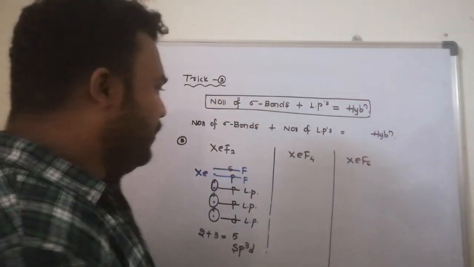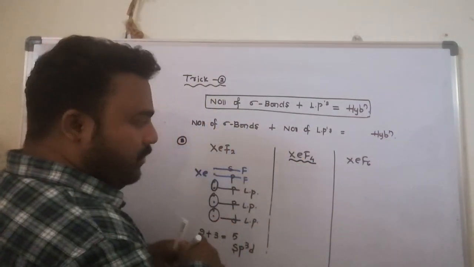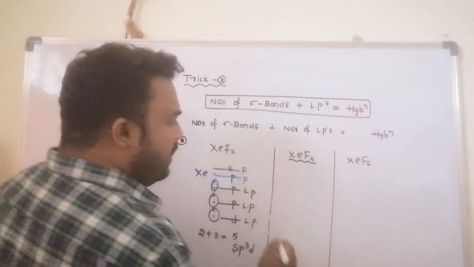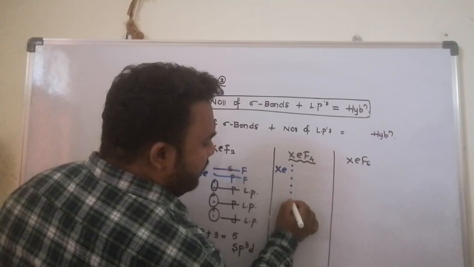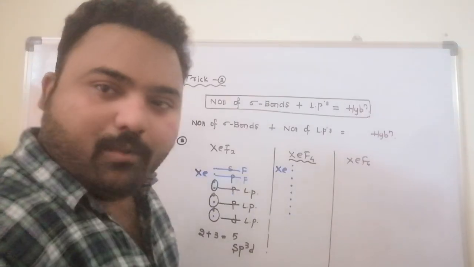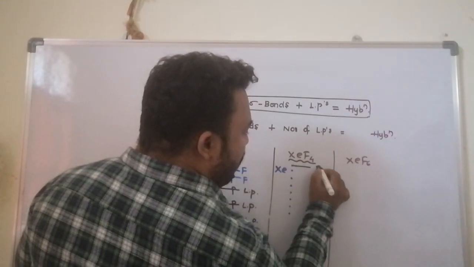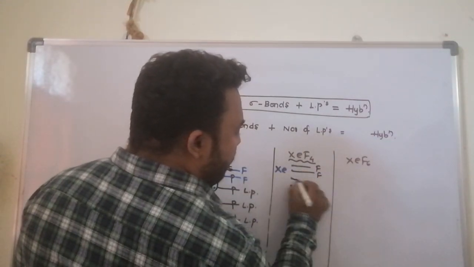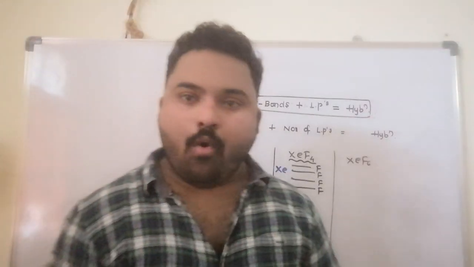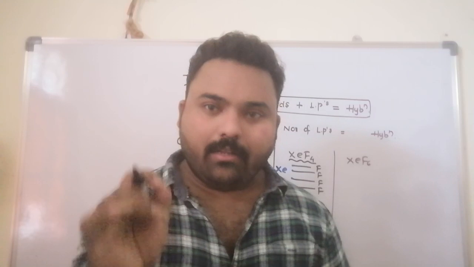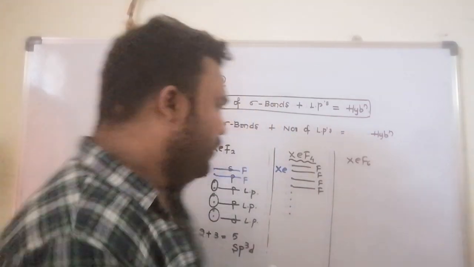In the case of xenon tetrafluoride, xenon is the central atom. 1, 2, 3, 4, 5, 6, 7, 8 valence electrons are there. Of the 8 valence electrons, 4 bond with 4 fluorines to form 4 sigma bonds.